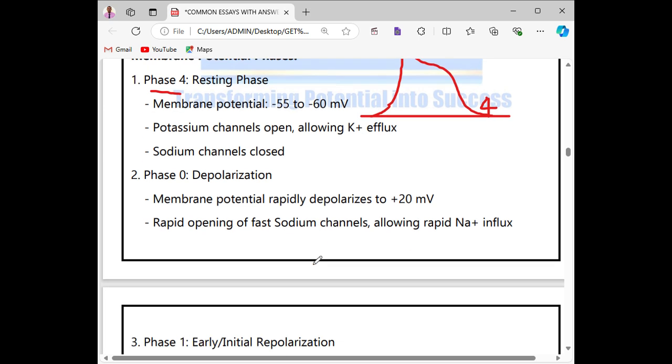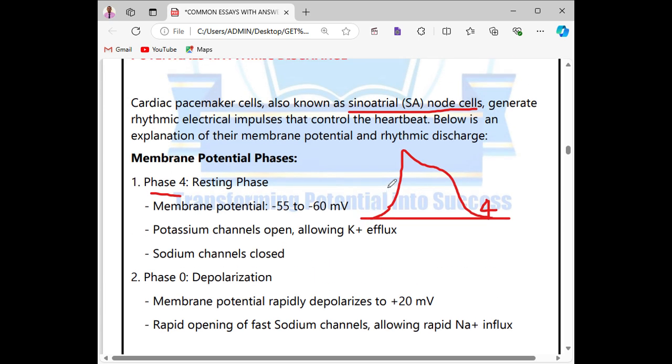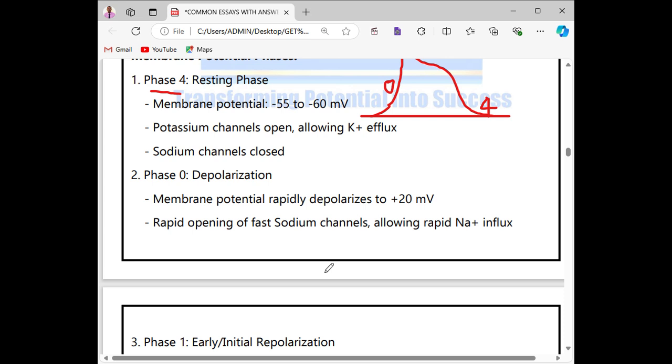All right, so then we have phase zero. Phase zero is the one which is here. On phase zero, the membrane potential will be rapidly depolarized to positive 20 millivolts.